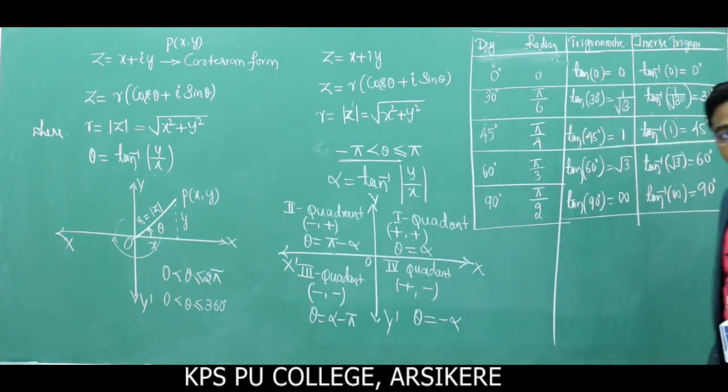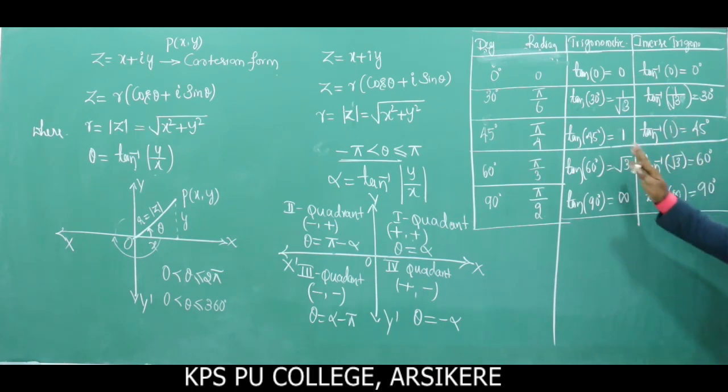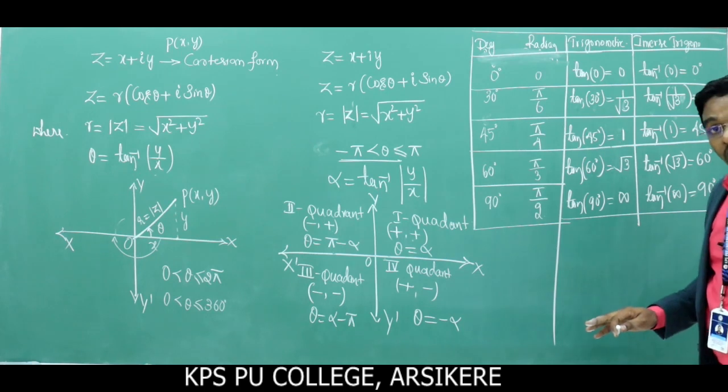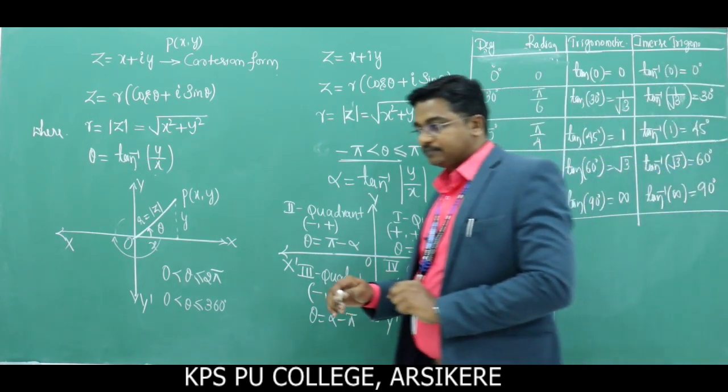Trigono means trigonometric. So these are the trigonometric values and these are the inverse trigonometric values. Take a pause and note down all the things I have written here. This is very important for solving the problems.